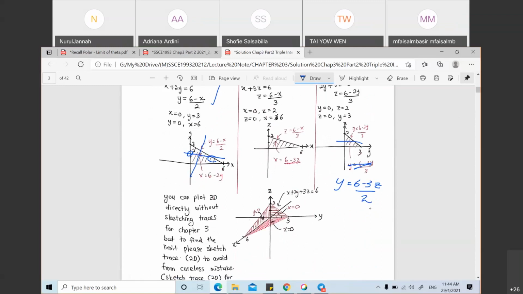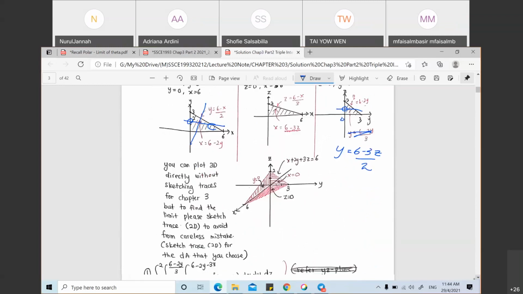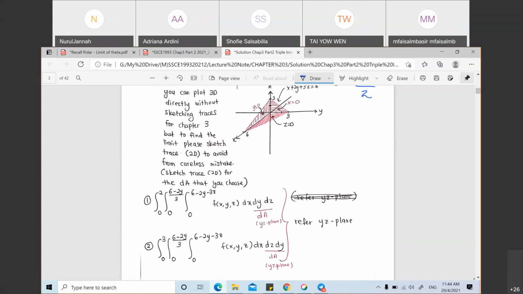So z is 0 to 2. Y will be from 0 to (6 minus 3z) over 2. Okay, this is wrong, right? 6 minus 3z over 2. Okay, this is for dy dz.